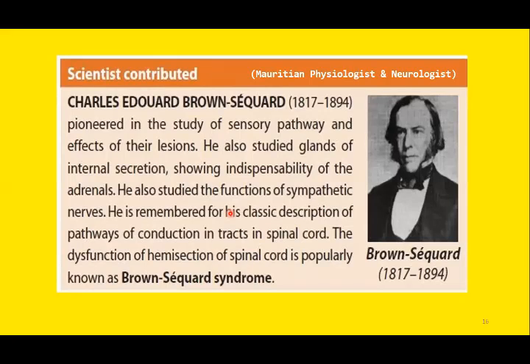If there is a lesion on the lateral side of the spinal cord on one side, whether left or right, this will lead to multiple signs in the patient, and this collection of signs and symptoms is known as Brown-Sequard syndrome.